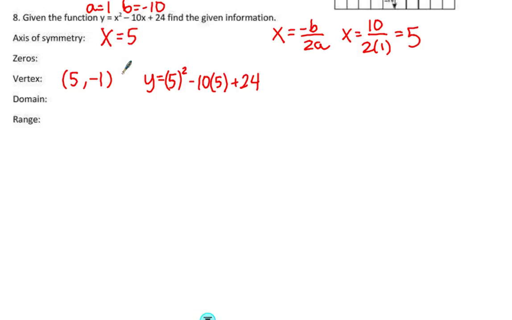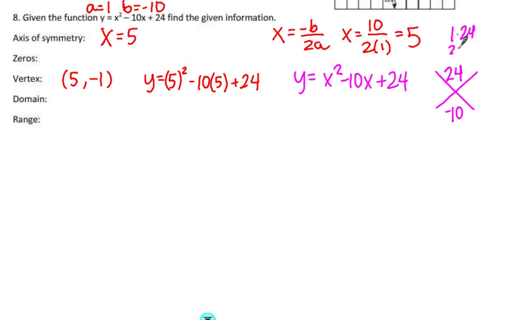Negative 1. All right, to find our zeros, remember we have to factor and solve. So I'm going to do that over here. x squared minus 10x plus 24. Since my leading term is a 1x squared, I'm going to use my shortcut. I'm just going to find those two numbers that multiply to 24 and add to negative 10. It could be 1 times 24, 2 times 12, 3 times 8, or 4 times 6.